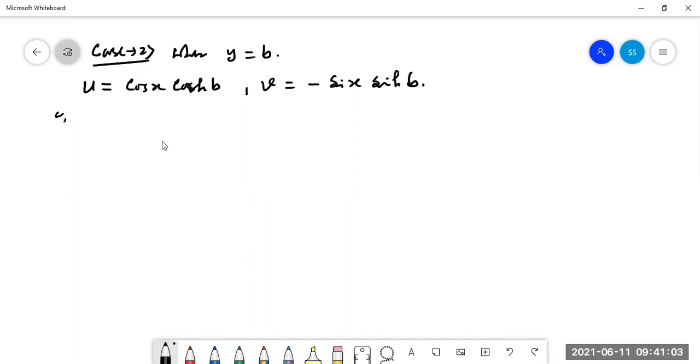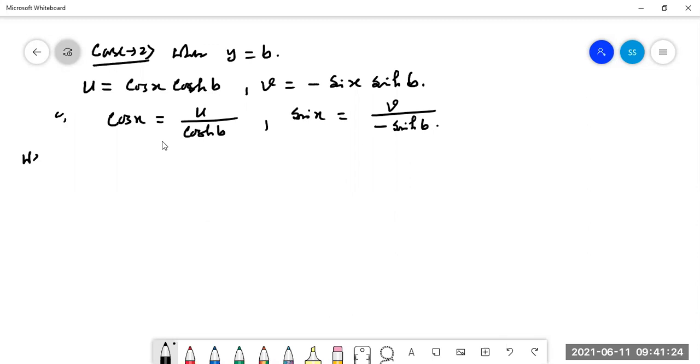From here we got the value of cos x. cos x equal to u by cos hyperbolic b, and sin x equal to v by minus sin hyperbolic b.